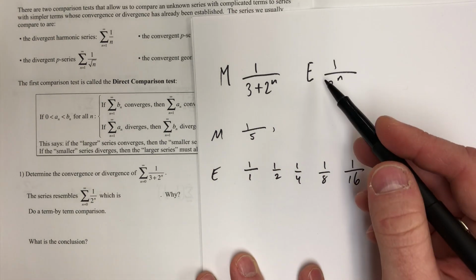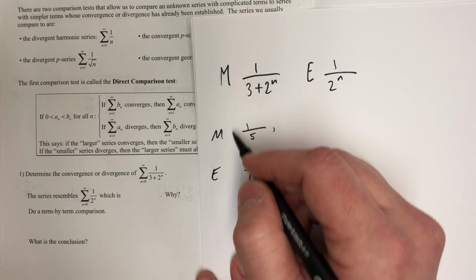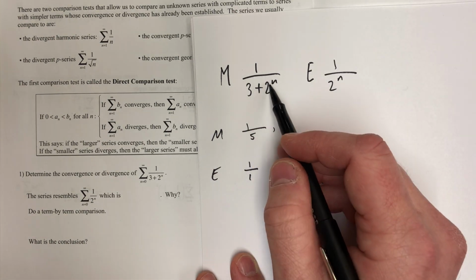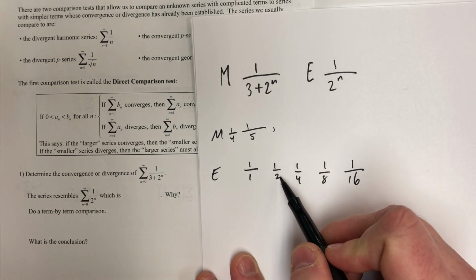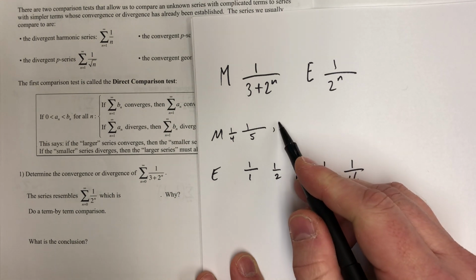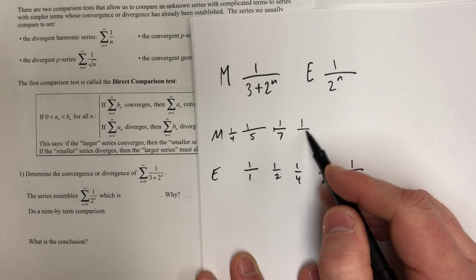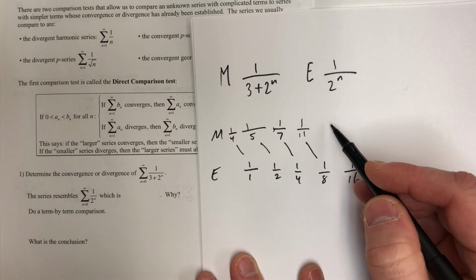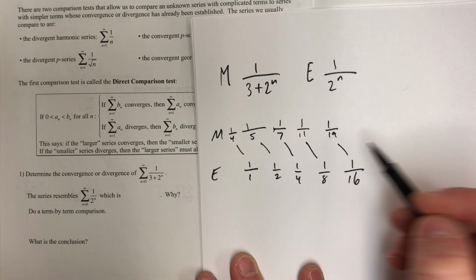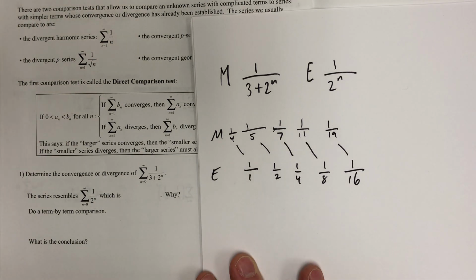Those are the terms of E. So if I look at M, when I plug in 0, that's 1, so it's 4. It's 4, 5, and so I'm just adding 3 to each of these. 1 over 7, 1 over 11, 1 over 19.